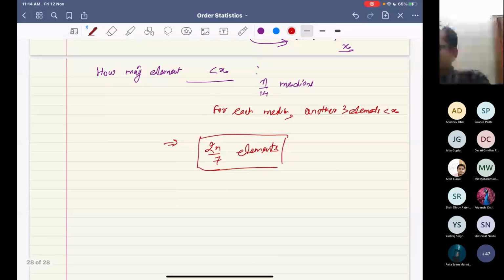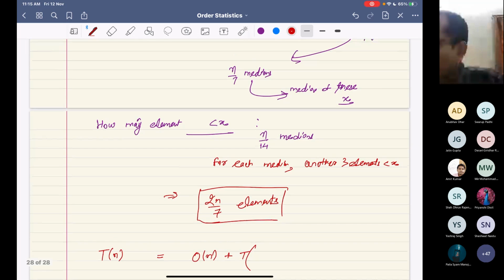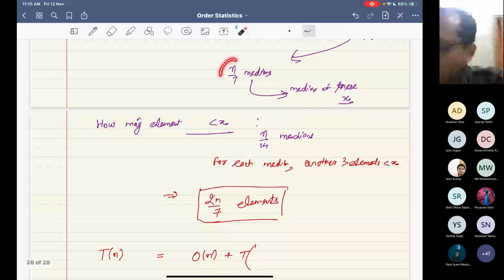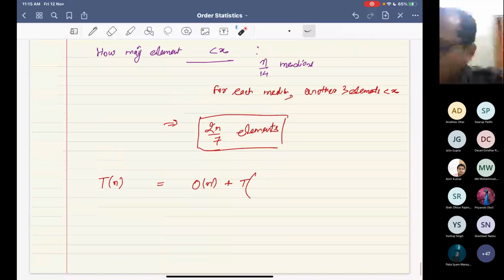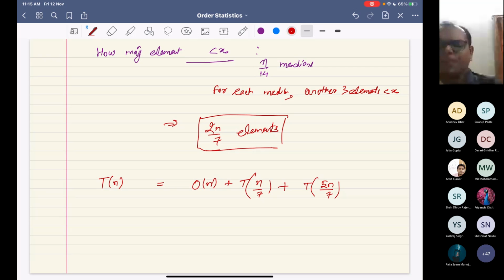So then what will be the formulation? T(n), in the worst case, there is an O(n) term, fine. What is the recursive call? This recursive call is going to n by 7 medians, plus in the worst case, what is the longest subarray I will have to go to? 5n by 7, because each array will have at least 2n by 7, the longest may have 5n by 7.